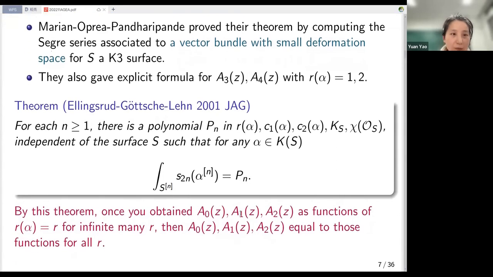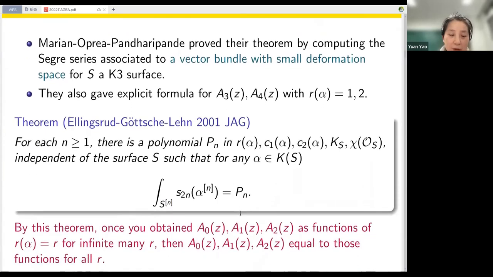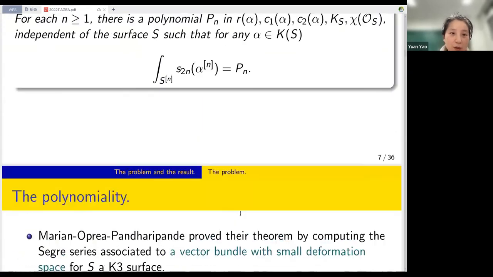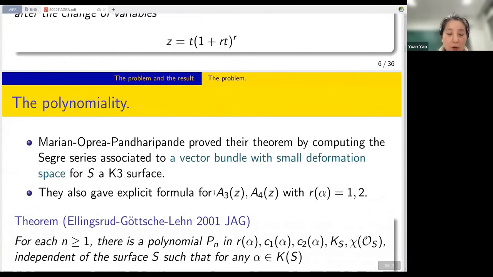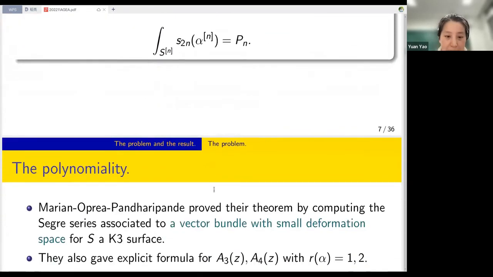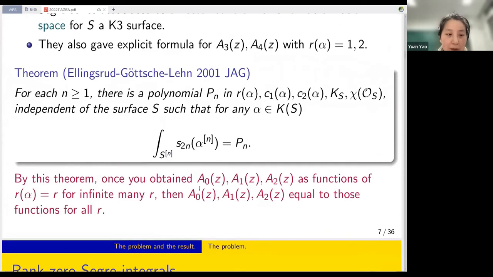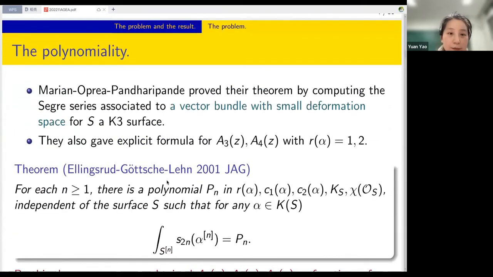So that's polynomiality. Then you get this formula, so you get these expressions for all ranks, although you only computed it for positive rank. So by this theorem, once you obtain A0, A1, A2 as functions of r for infinitely many r, equal to those functions, then you get the statement for all r.